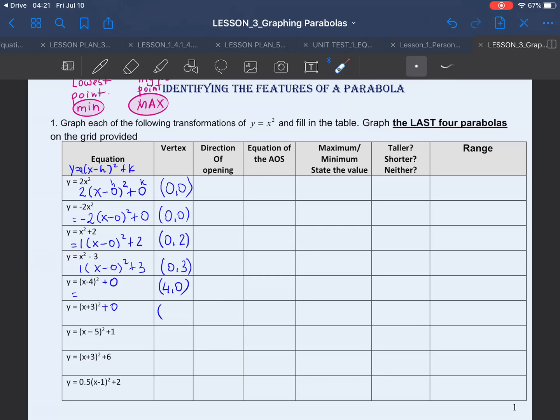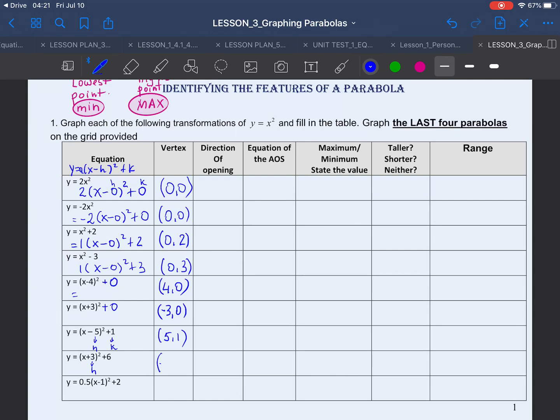Okay, so the next one, same idea. h will be inside the brackets. In this case, negative 3, because we have a plus. And k is 0. In the next one, we have the vertex form. So h is 5, k is 1.